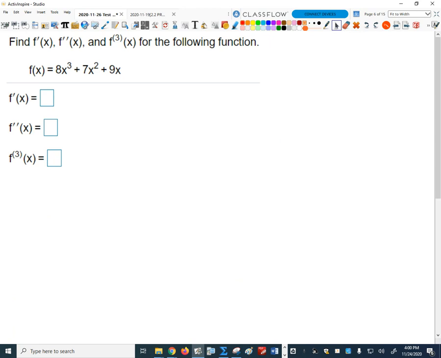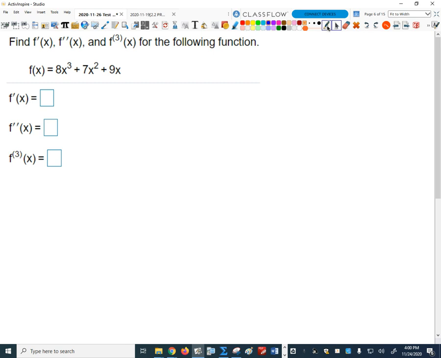All right, so find the various derivatives of this function. We're looking at higher order derivatives, the first, second, and third derivatives. This is just a really simple derivative to calculate because it's a polynomial. First derivative, we'll use the general power rule, bring the 3 down front.